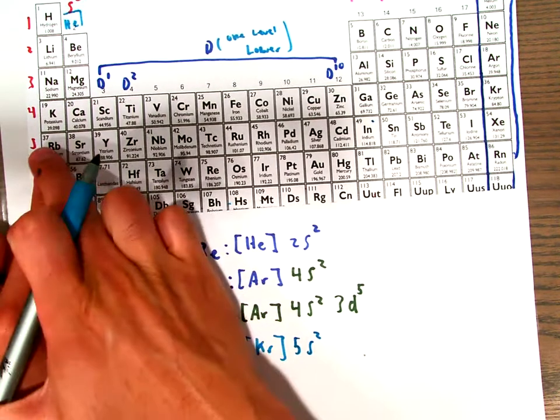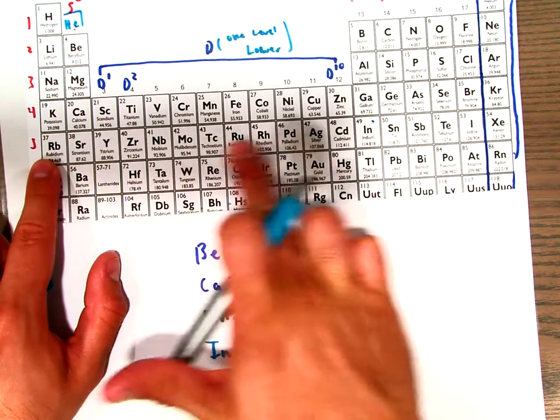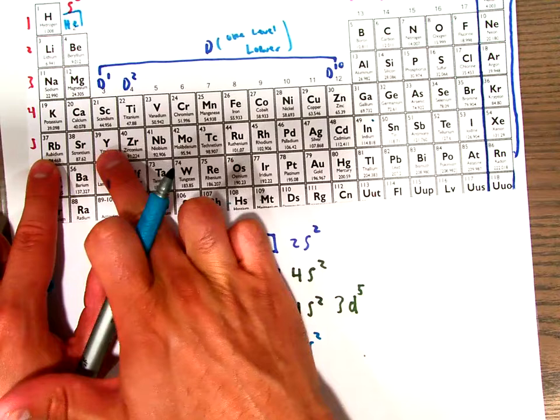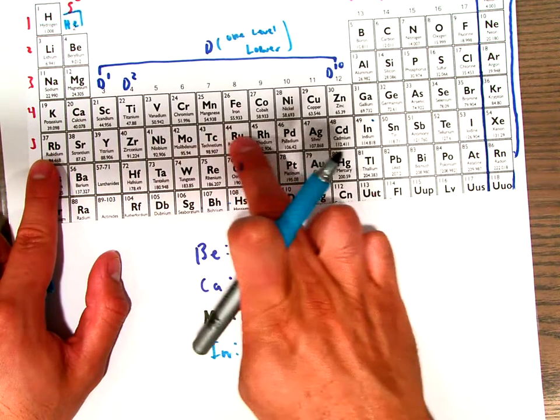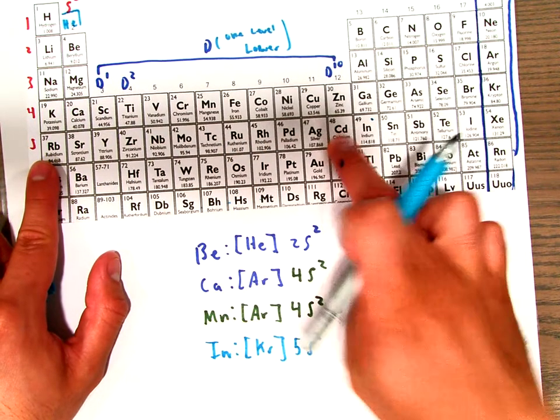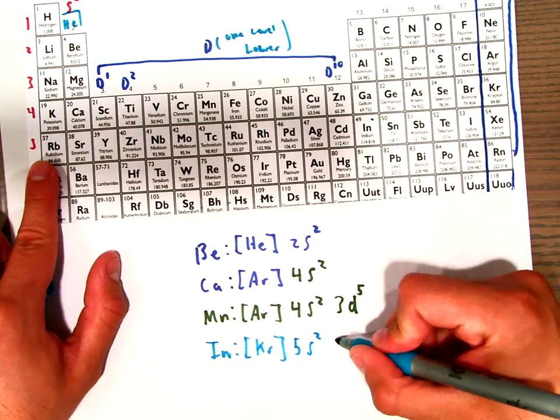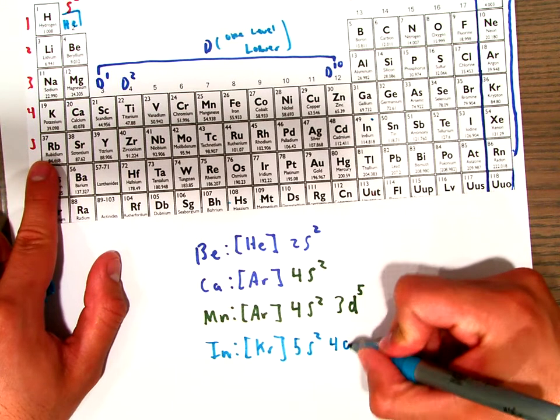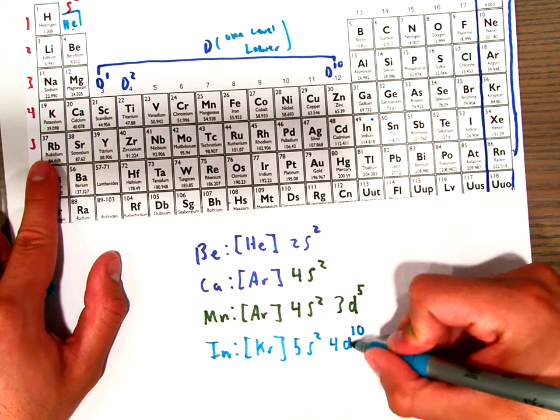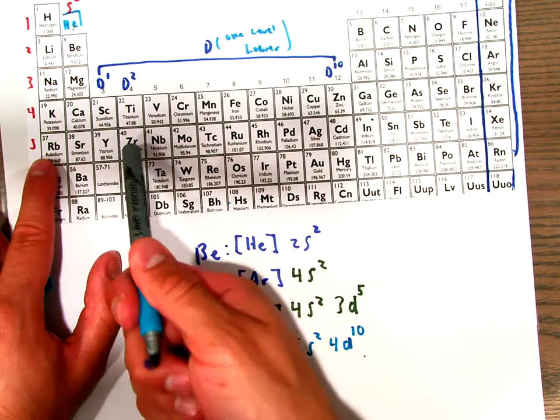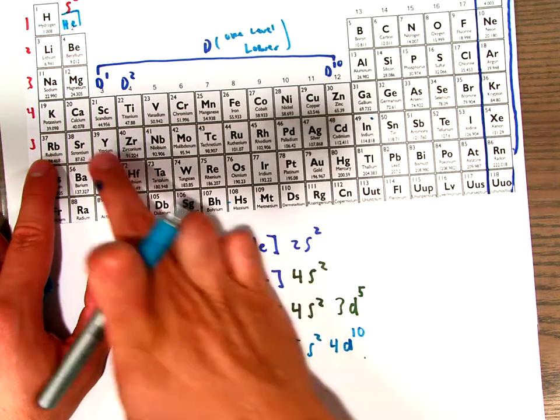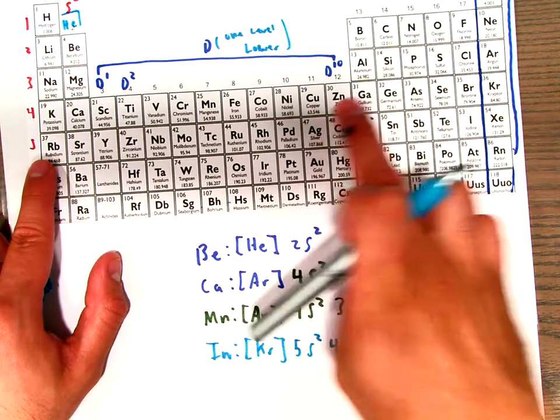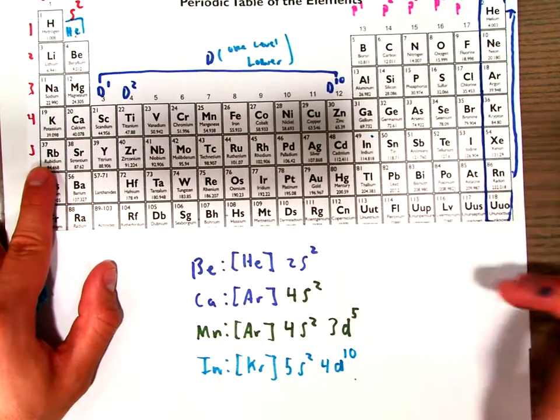Now we get to this next part. Remember, d is always one lower, so it's not 5d, it's 4d. That's going to be filled up, filled up, filled up, all filled up, till we get to here. So 4d10. It can hold 10. We can verify that: 1, 2, 3, 4, 5, 6, 7, 8, 9, 10. Then, even though this is lower, once we get back to the p, we go back to the regular counting.